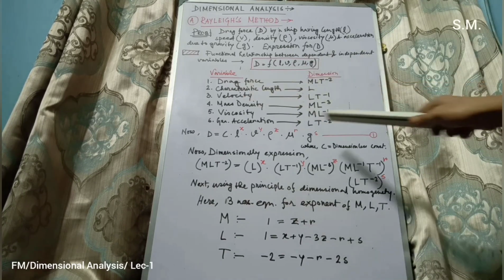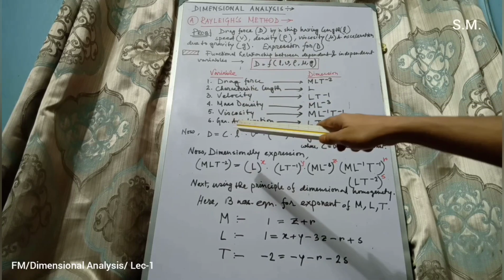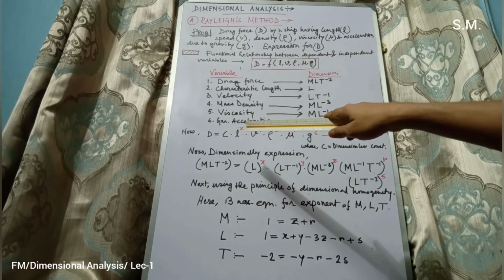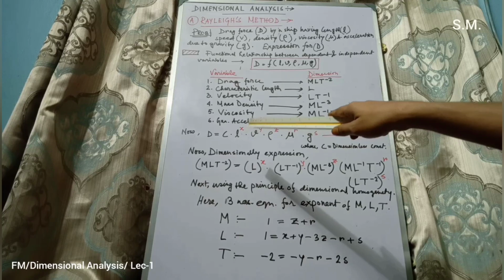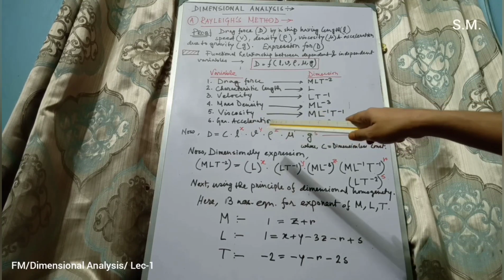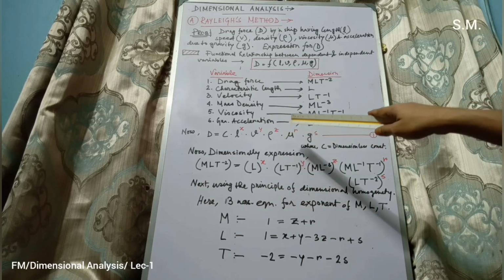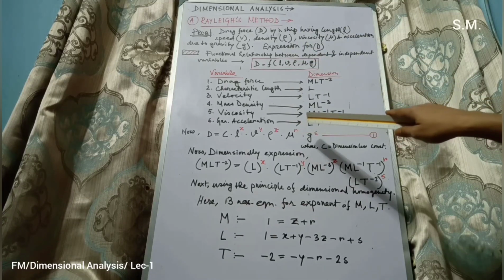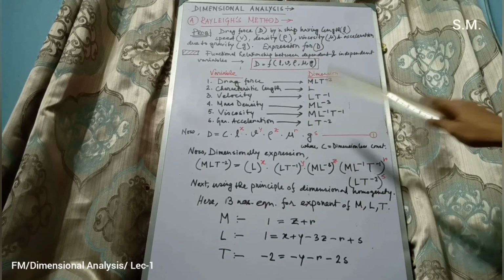Now we have to develop an equation: D equals C into L to the power x, V to the power y, rho to the power z, mu to the power r, and g to the power s.